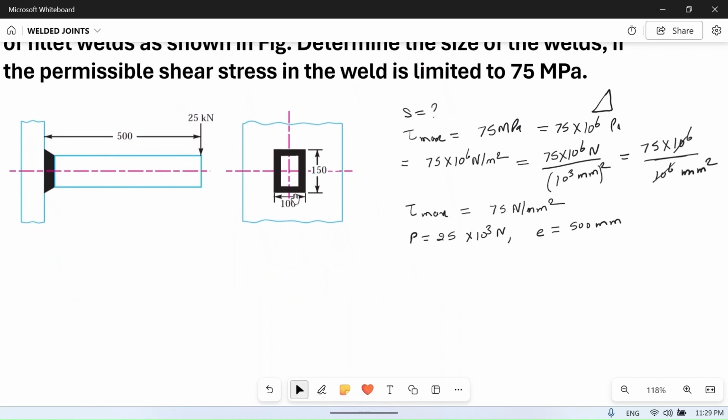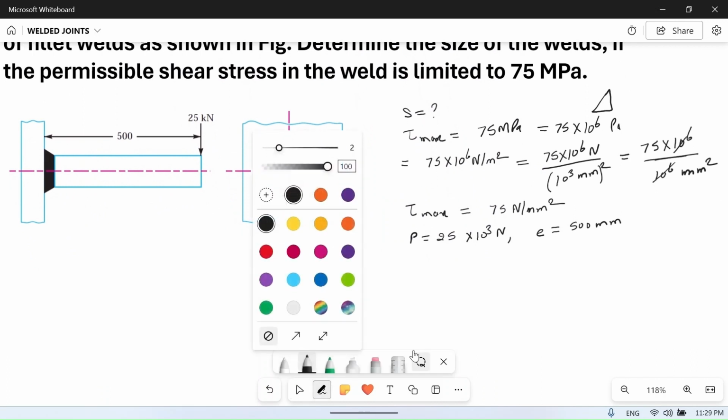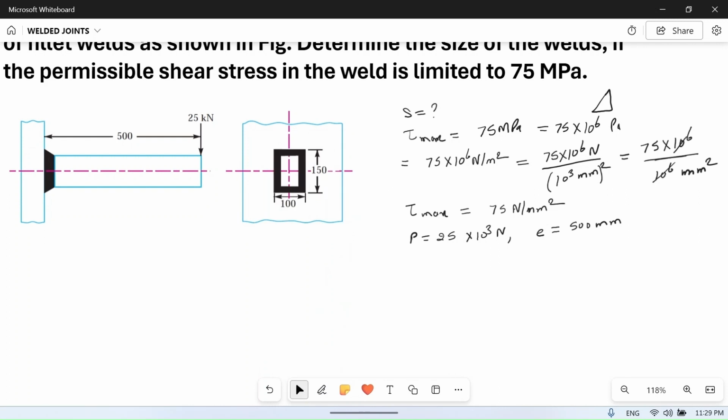Now what will be the area of this weld? Suppose size of the weld is S, then throat thickness of the weld is T. So T is equal to 0.707 into S, as we have seen in many questions before.